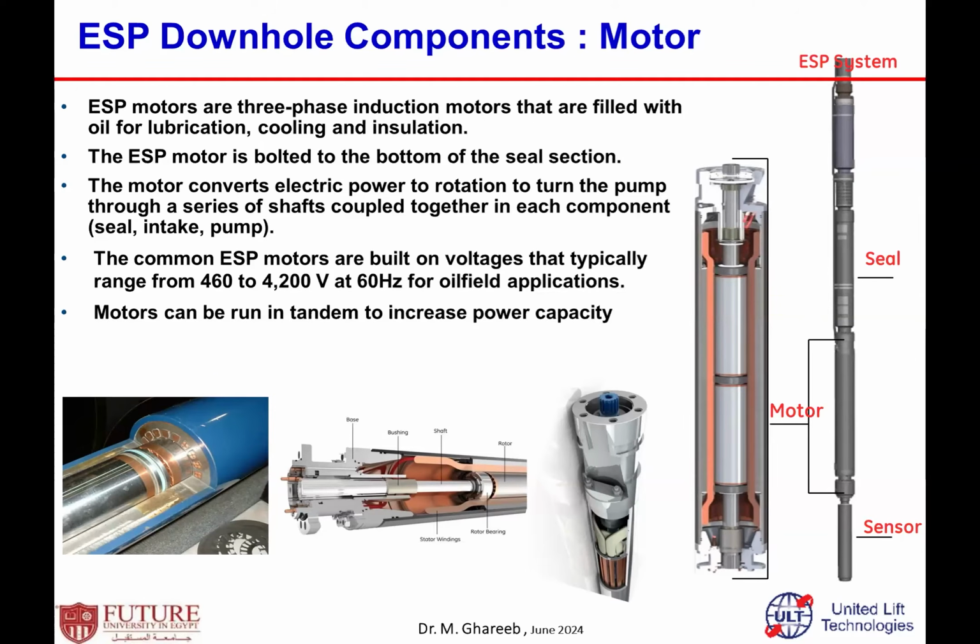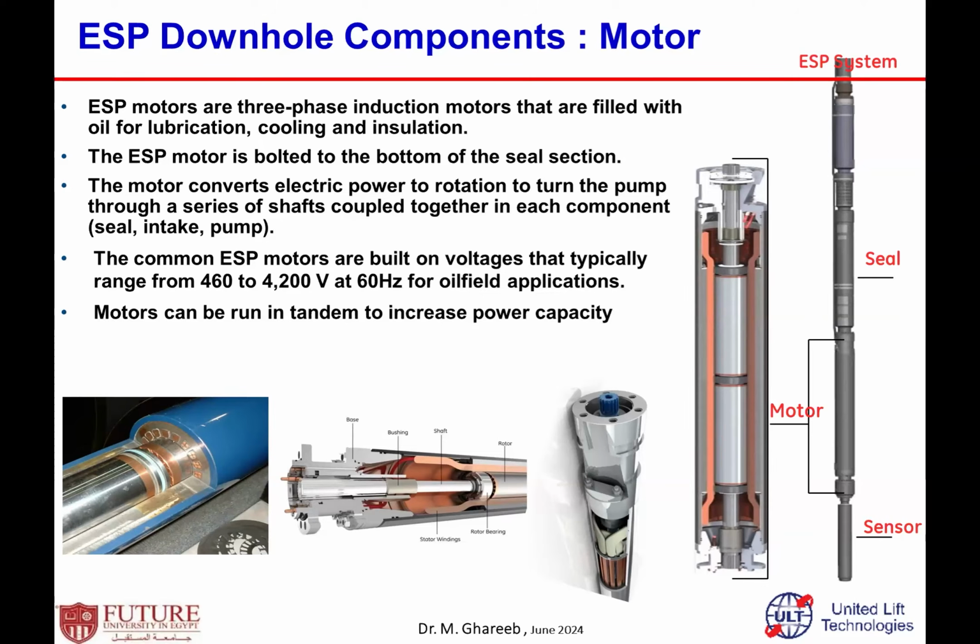If I need more horsepower and one motor is not enough, due to size or some downhole restriction, tandem motors can be used, two motors together, to produce the required horsepower.